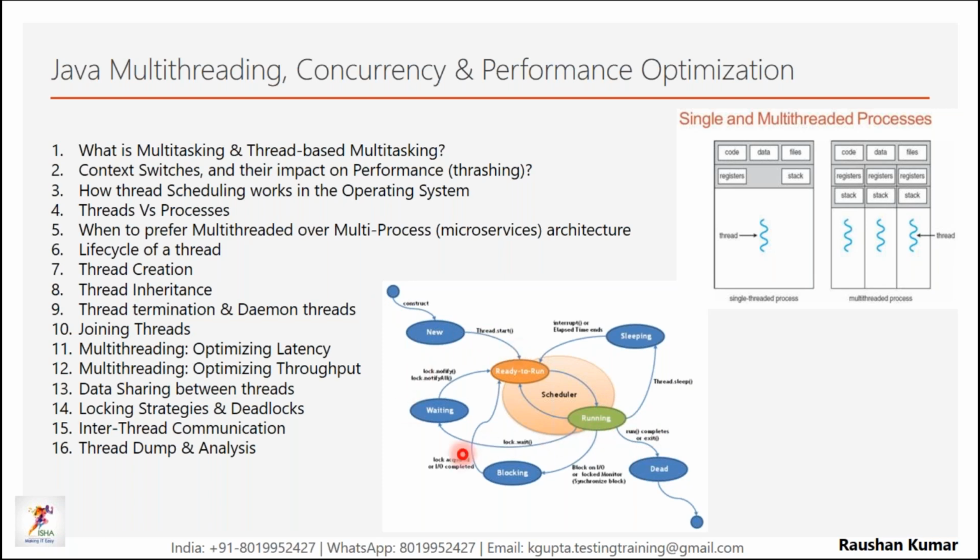At what conditions it will change its state. When we take a thread dump, we see all these states, and then we need to analyze the thread dump to understand which thread is blocking what, where the deadlock is. So understanding all these thread states is very important here.